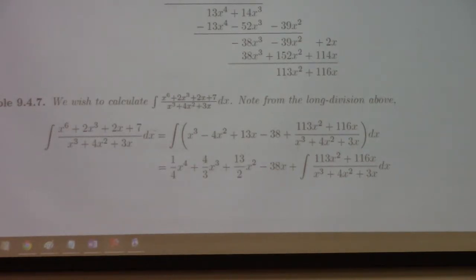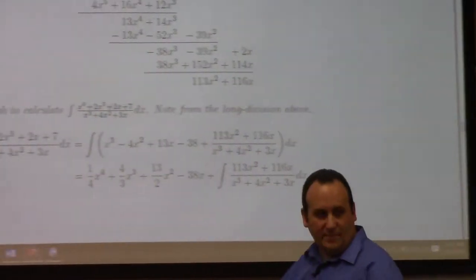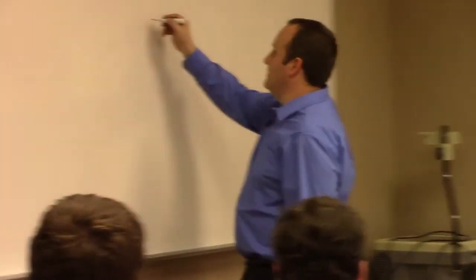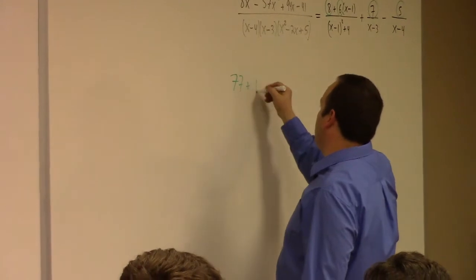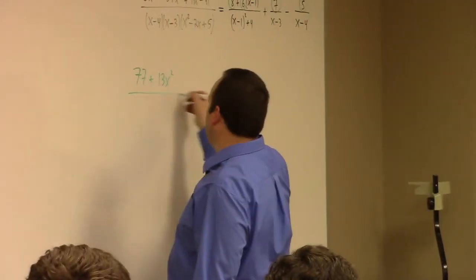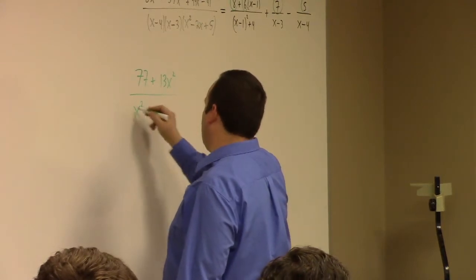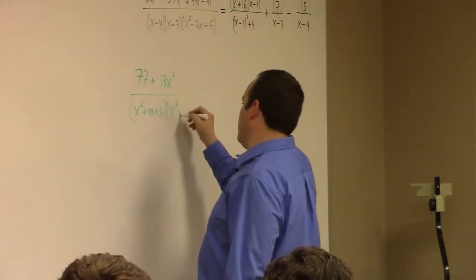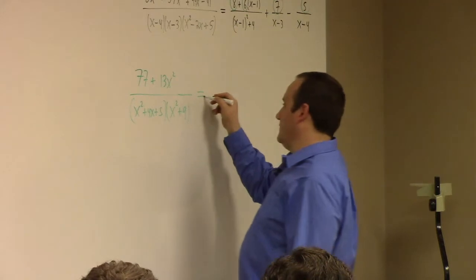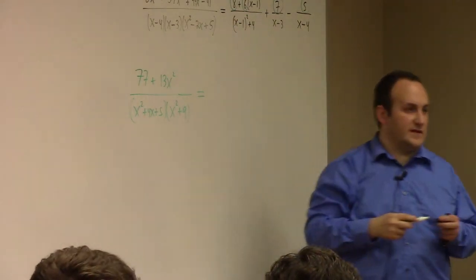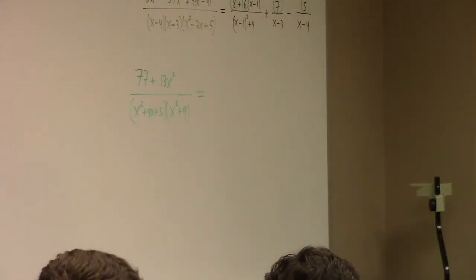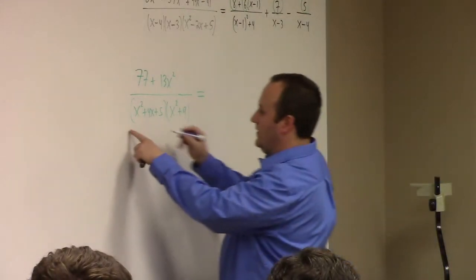I mean, once I have, hypothetically, 77 plus 13x squared over x squared plus 4x plus 5 times x squared plus 9, what would the partial fractions decomposition setup be? Well, this one, I can complete the square.